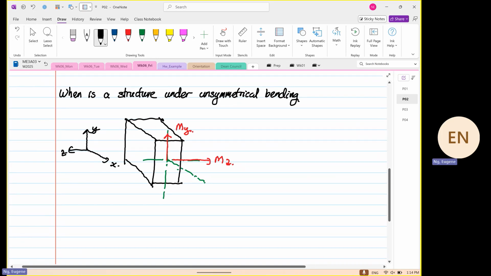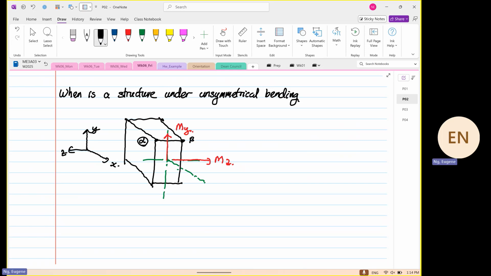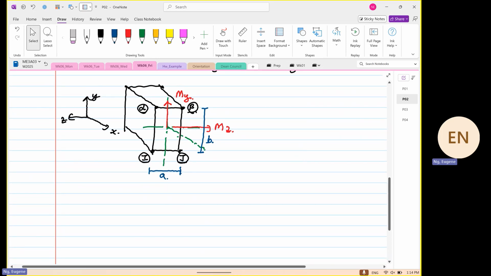I'm now going to call the points alpha, beta, i, and j, okay? And then the distance from here to here is what we call our distance A, and the distance from here to here is our distance B. Okay.